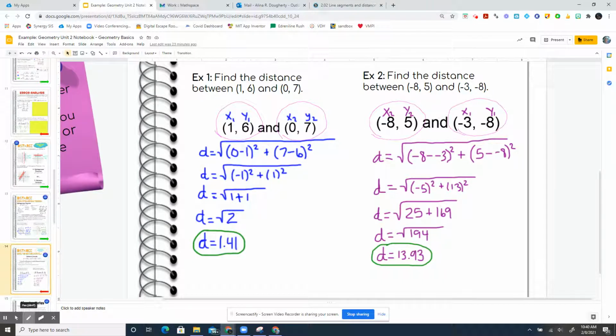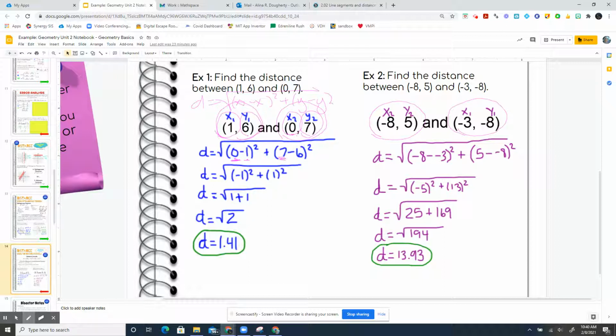Sometimes I just try to avoid negatives. So the distance equals the square root of x2 minus x1 squared, plus y2 minus y1 squared.